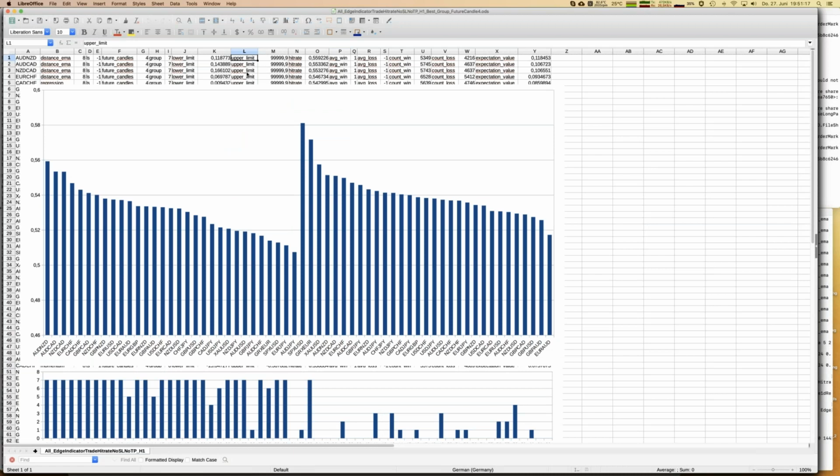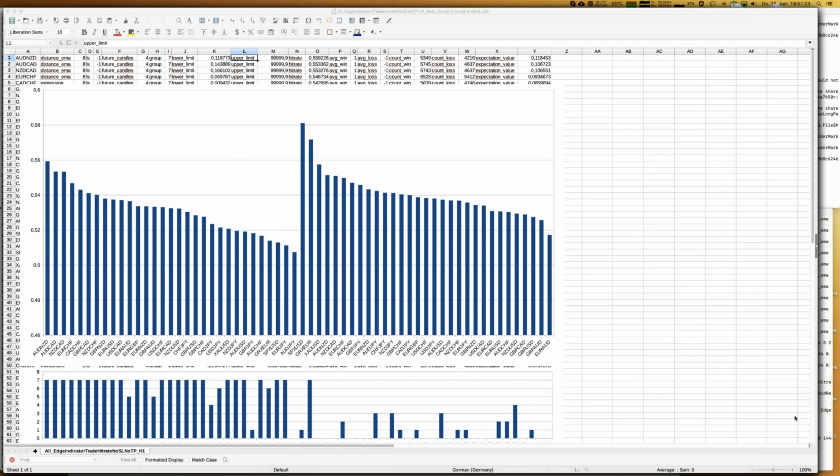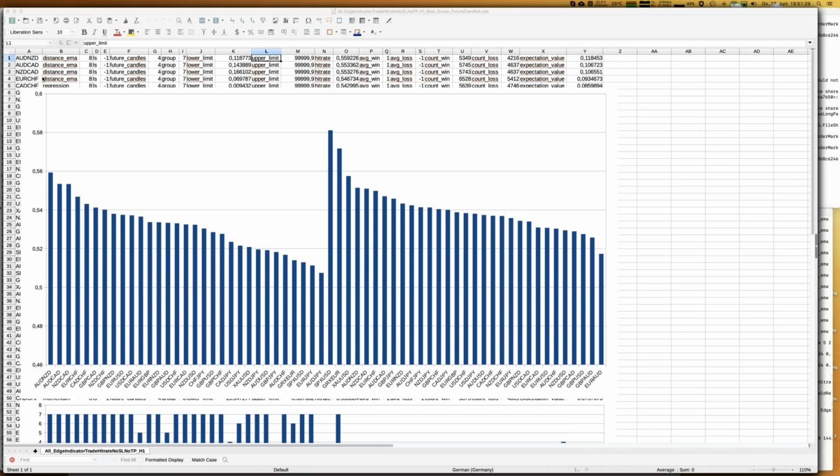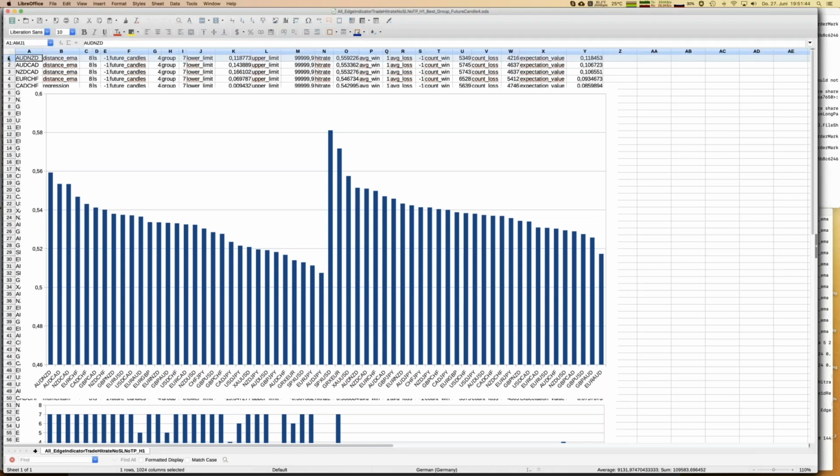Okay, if I just restrict myself to looking 4 candles into the future, then I ask myself which indicator I should use and which group and which period of the indicator. And now I know that the most is hidden behind my 2 graphs, but I could point them out a little bit. Now I just want to give you a hint of what's within that table. So let me start with Australian dollar, New Zealand dollar.